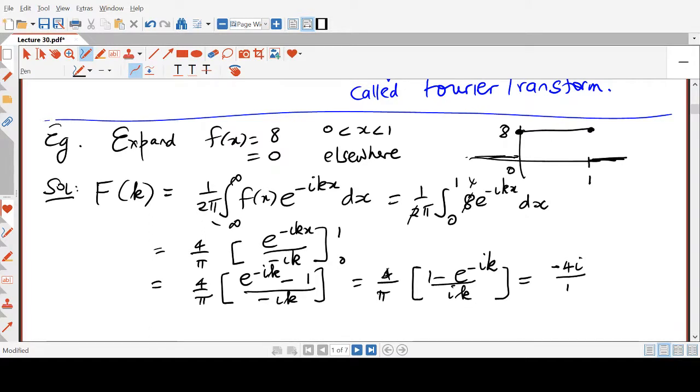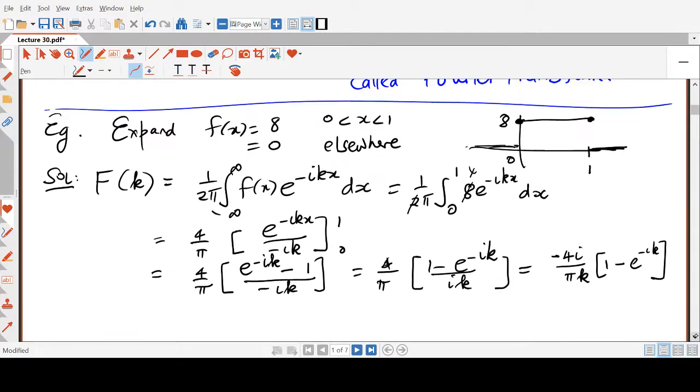Minus 4i over pi k, 1 minus e to the minus ik. So that is the Fourier transform. That's not the Fourier integral, Fourier transform.